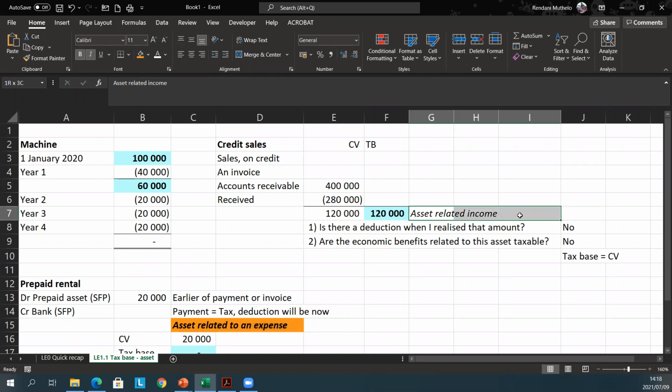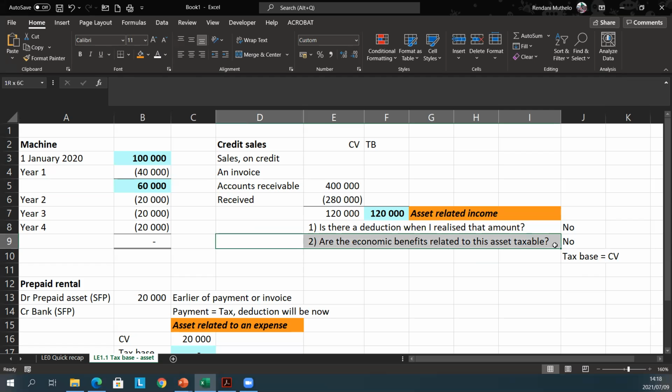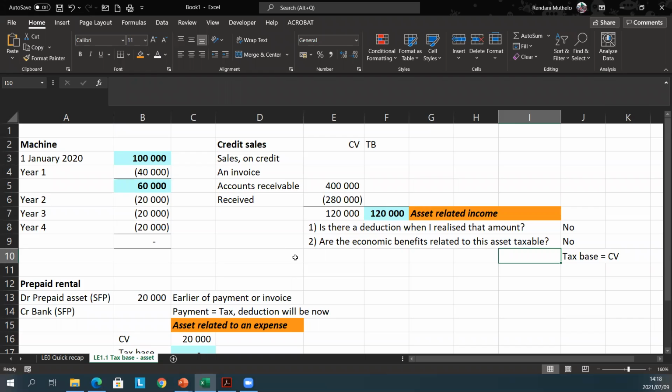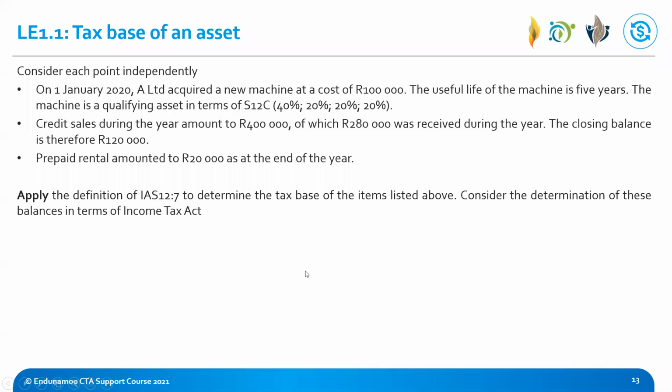Whereas when we were dealing with income or assets related to income, we focused on whether there is going to be a deduction and whether that amount will be taxable in the future. So be mindful of how we are dealing with it. So that is what example L1.1 needed to deal with. Okay, so allow us to build this together, because by the time we get through the last example, I'll want you to be friends with it.